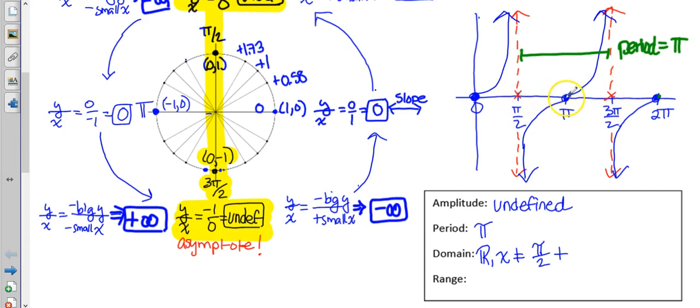Well, from here to here is pi over 2, pi over 2. So a distance of pi gets me to the very next one. So we can generalize that by saying plus n pi, where n is any integer multiple.